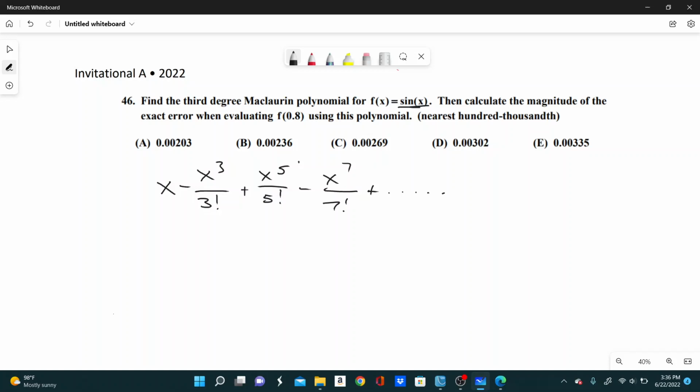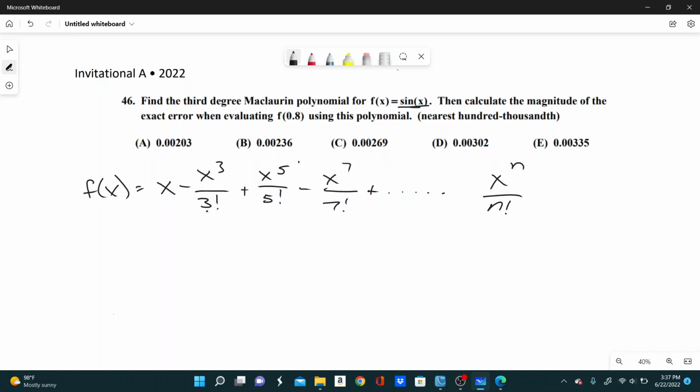The more of these that you add on, the closer you get to sine of x. And if you went all the way to x to the n divided by n factorial, you would get an exact answer for sine of x.